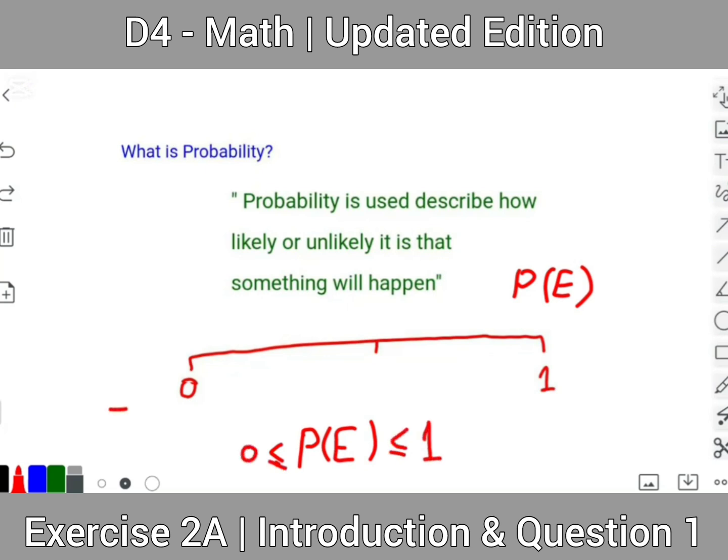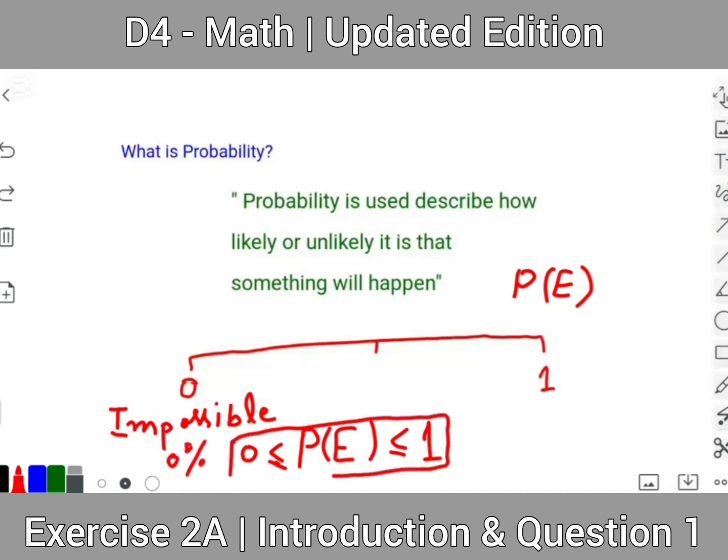0 means impossible event, 0%. 1 means certain event, 100% probability.